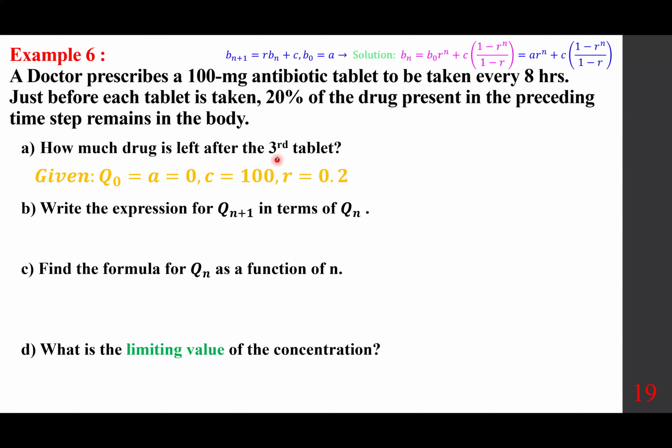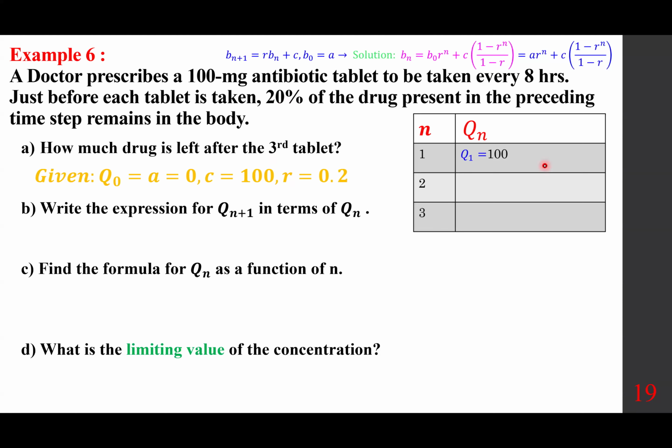Now, what about the third tablet? The first one is 100. The second one, 20% remains. 20%, that means 20 remains plus 100. Again, 100 plus 20% of 120 is 24. They add up to 124. It's very simple to figure this out, everybody.